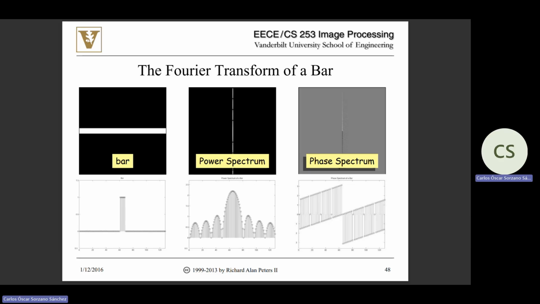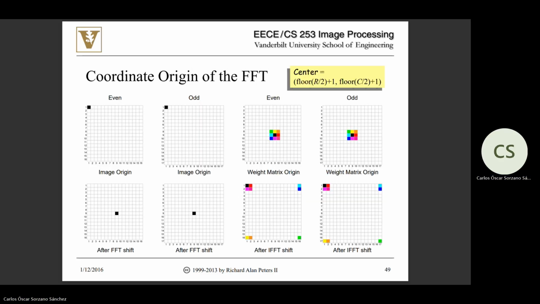So this uncertainty principle, that if something is compact in one space it is extended in the other space, applies in all directions. Any questions?